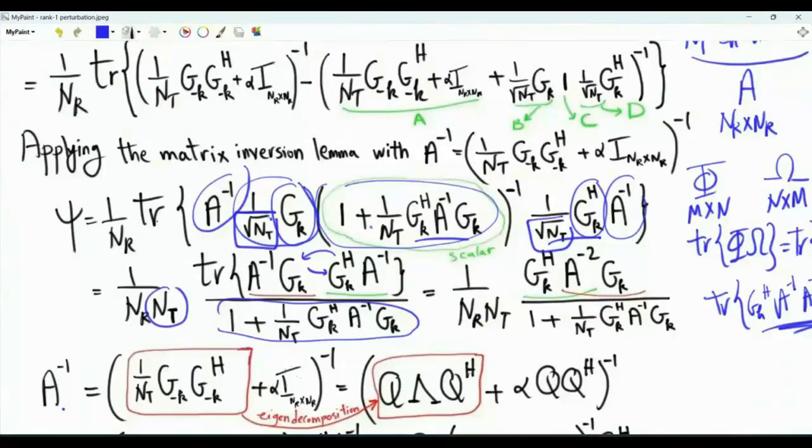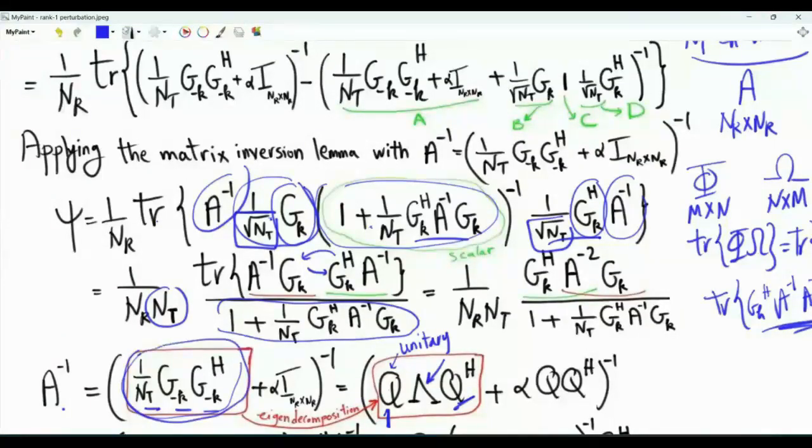A inverse is alpha times identity plus 1 over nt G minus K Hermitian. This matrix here is Hermitian and positive semi-definite. We can do its eigendecomposition and write it down as Q, a unitary matrix of eigenvectors, lambda, a diagonal matrix of the eigenvalues of 1 over nt G minus K Hermitian. And here we put the inverse of Q. Because Q is unitary, the inverse is Q Hermitian.